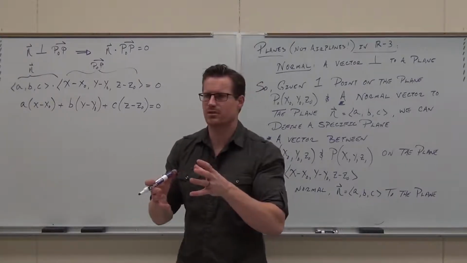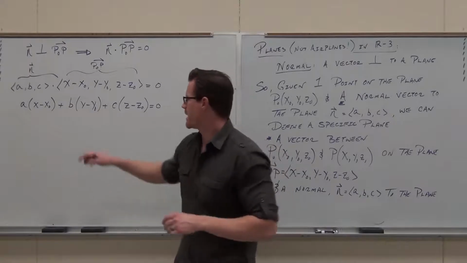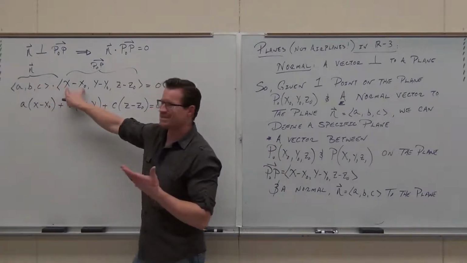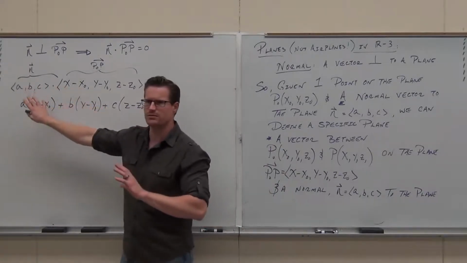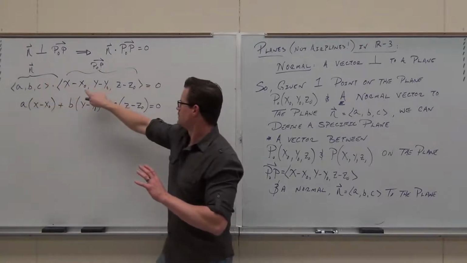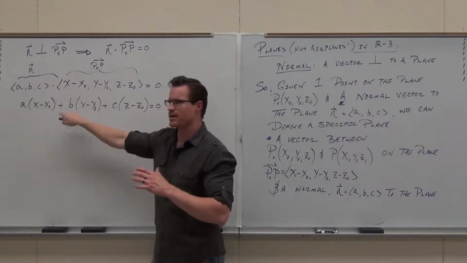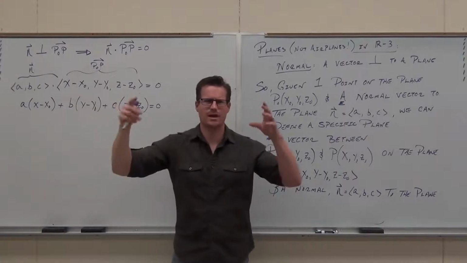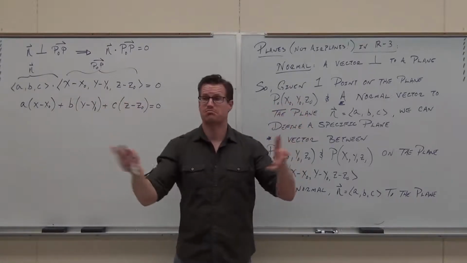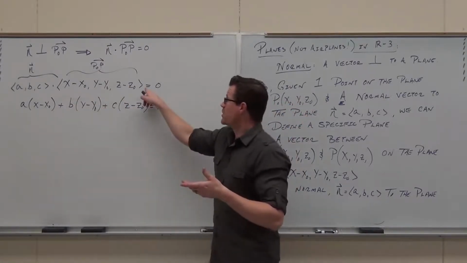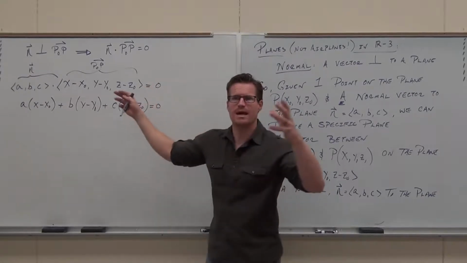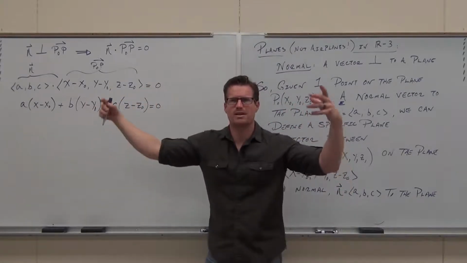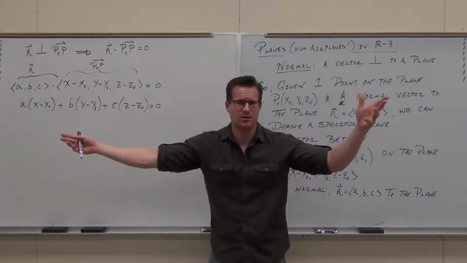It has variables in it, so we're going to call it a function, but it's a scalar function. It's just a number, no vector. Multiply the components, add them together. Take X, take Y, take Z, multiply the components, add them together. We know that dot product has to be equal to 0. Why? Everyone in class right now, why do we know that dot product has to be equal to 0?